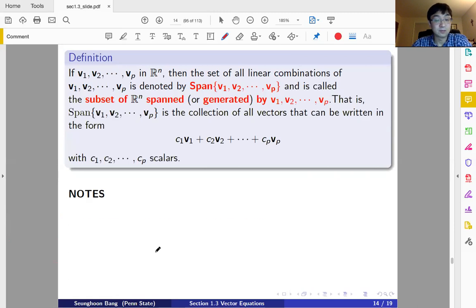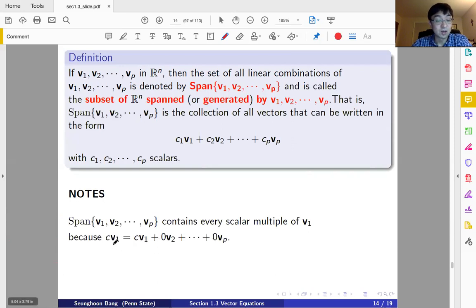So this is a note. The span v1, v2, vp contains every scalar multiple of v1. Does it make sense? This is the reason. What is c v1? The c v1 is c v1 plus 0 times v2, 0 times v3 till 0 times vp. Exactly a linear combination.